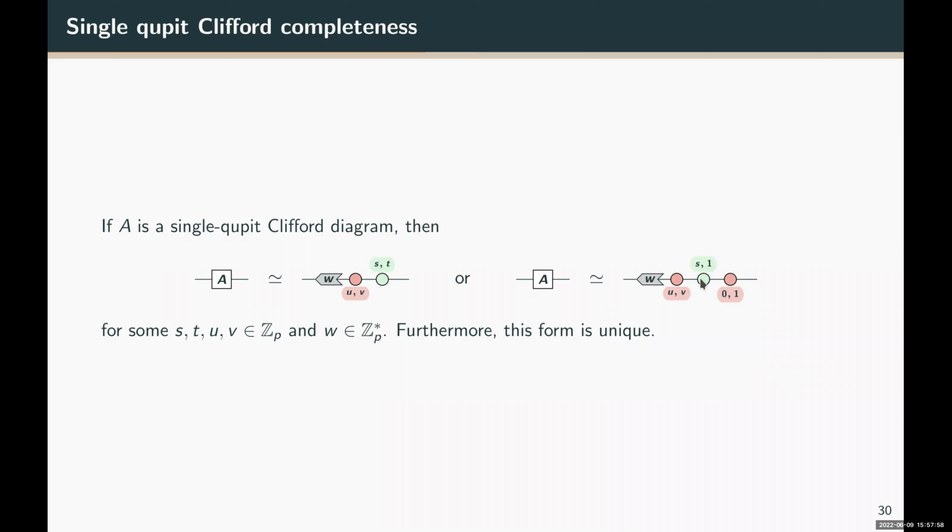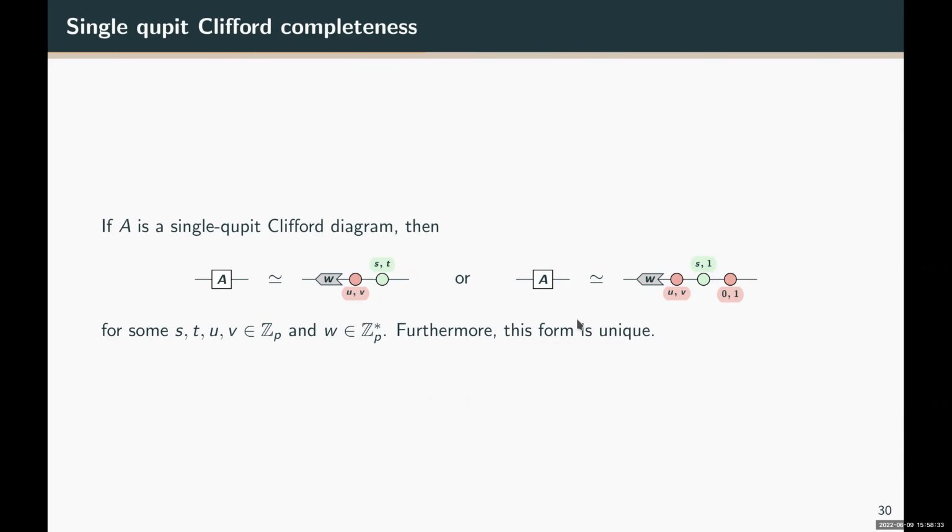Another point which is rather nice about these diagrams is that they are very close to the corresponding normal form that Miriam had for the qubit case. I should have grabbed a picture of that, but if you compare these normal forms with the ones from Miriam's article, you'll see that they are indeed particularly close.